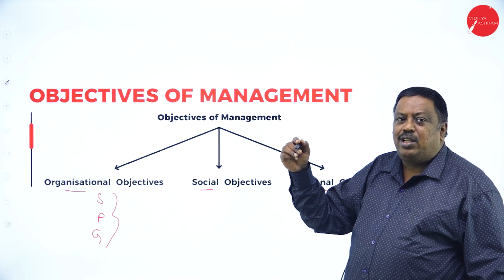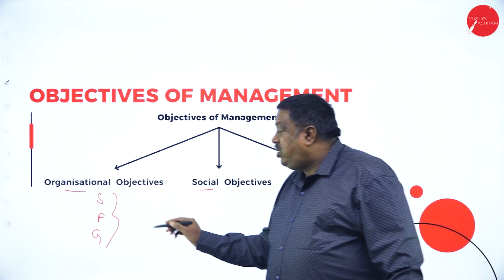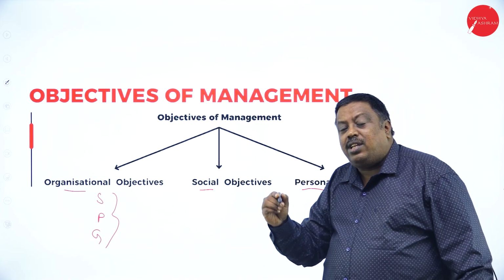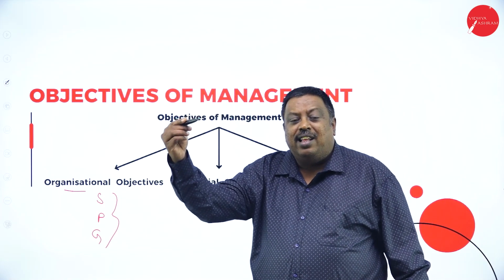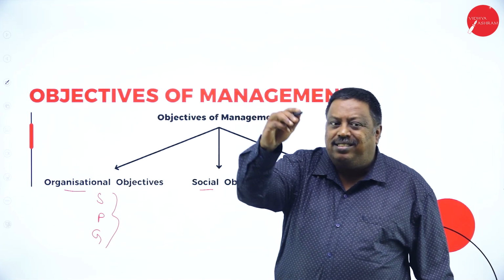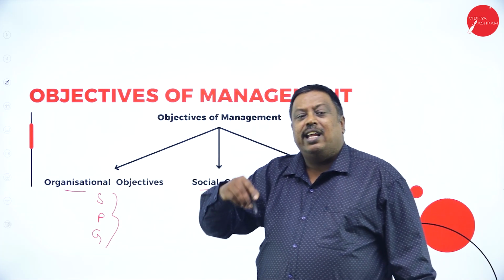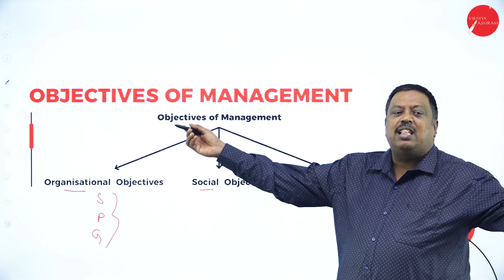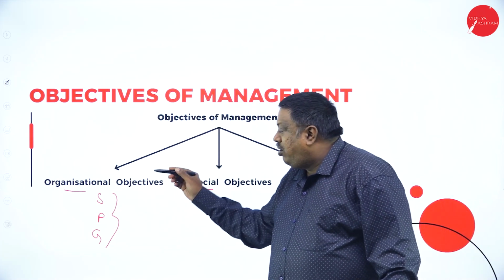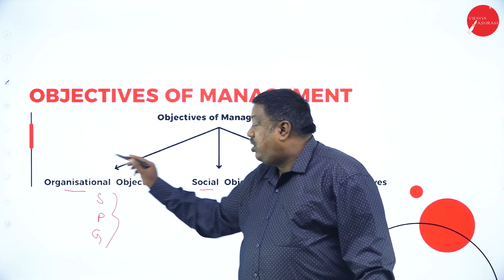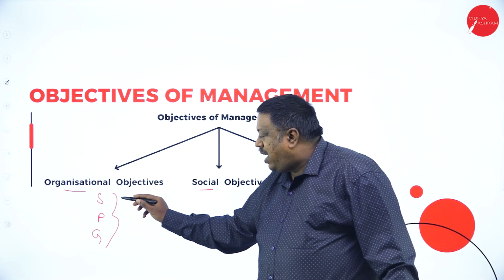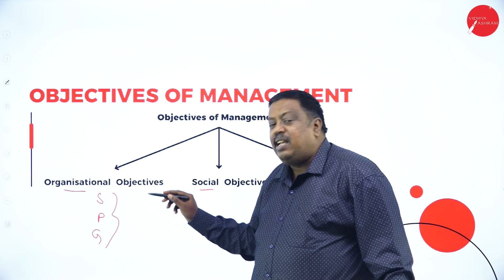For every organization, first it has to survive in the market, then it has to think of earning profit, then it has to increase the sales, increase the production or expand the business in the market. So the 3 organizational objectives of the business should be first survival, then profit, then growth.